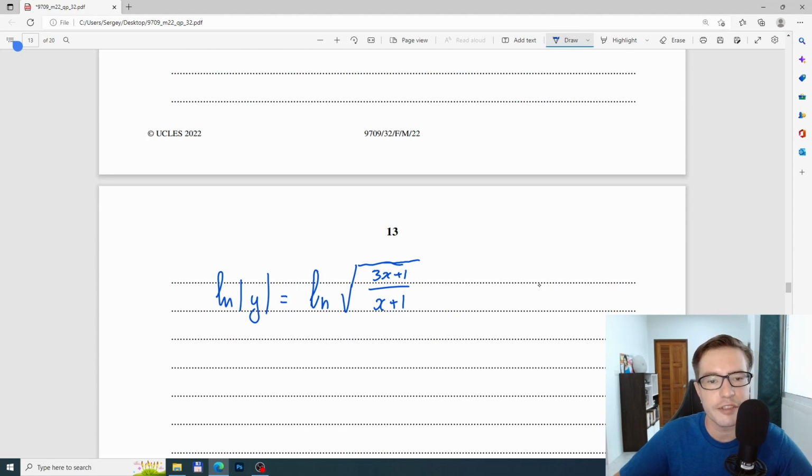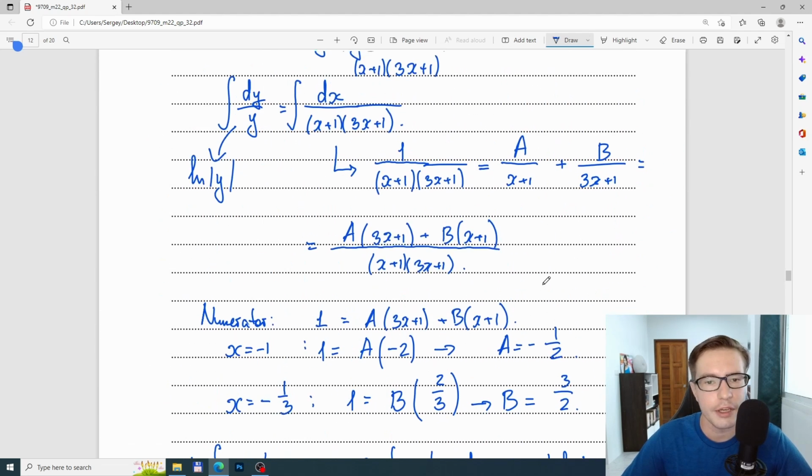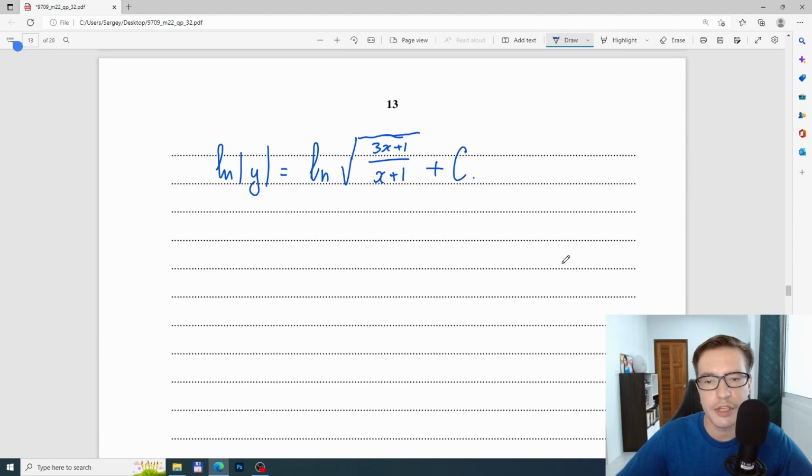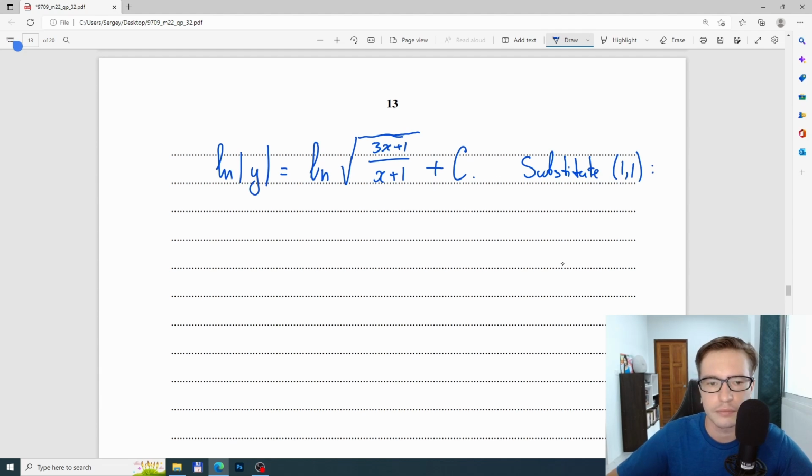And then don't forget, after taking the indefinite integral, add the constant c. Now, at this point, our goal is to determine the value of c. And to do so, we can substitute the point which lies on this curve. Now, it is given that y equals 1 when x is 1, so substitute 1, 1.